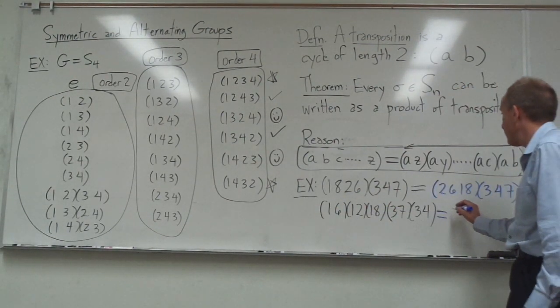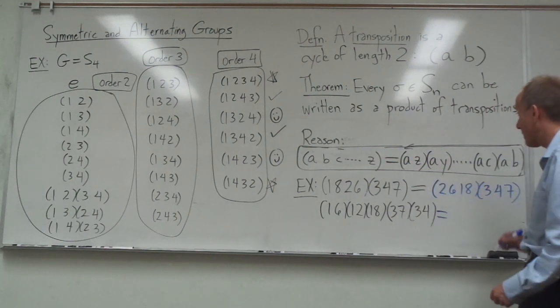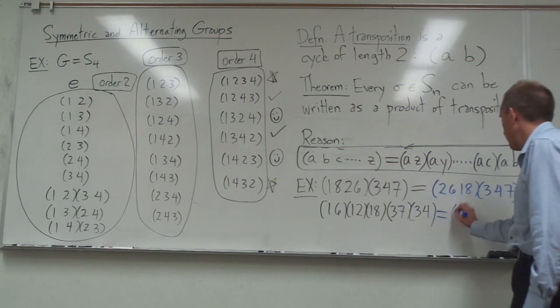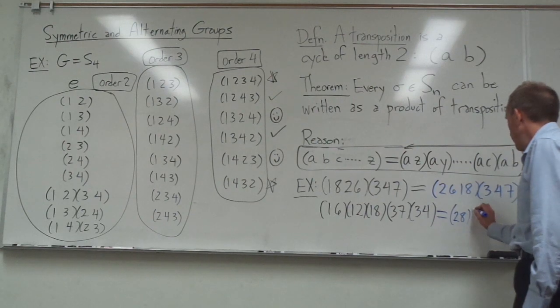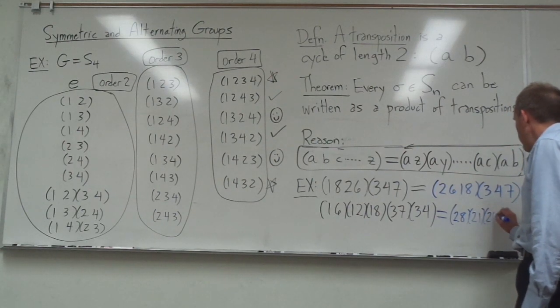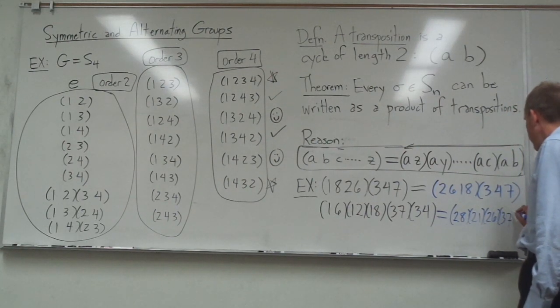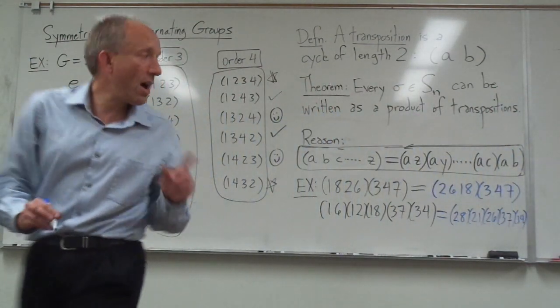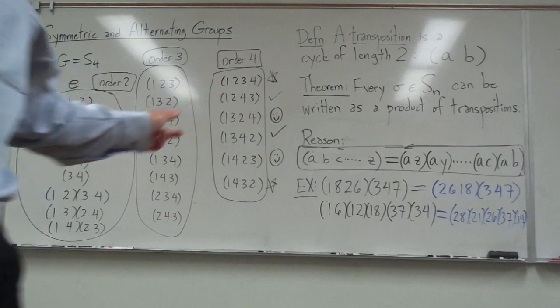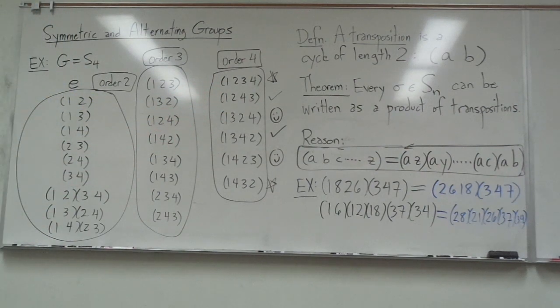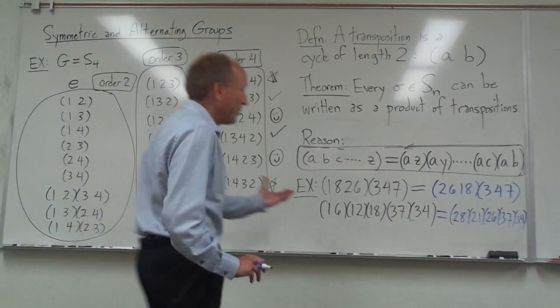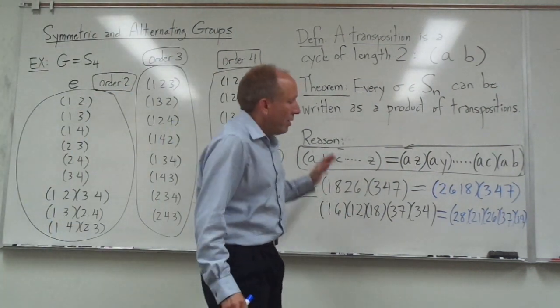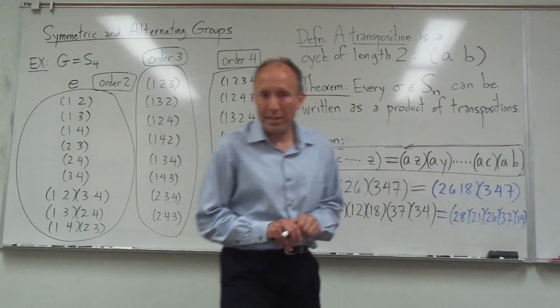As a product of transpositions using my formula in the box, well, what would I come up with? I would come up with (2 8)(2 1)(2 6), and then, of course, (3 7)(3 4). Okay? That is not the same as the product of transpositions that we saw on the left side in black. Right? There is a lack of uniqueness here.